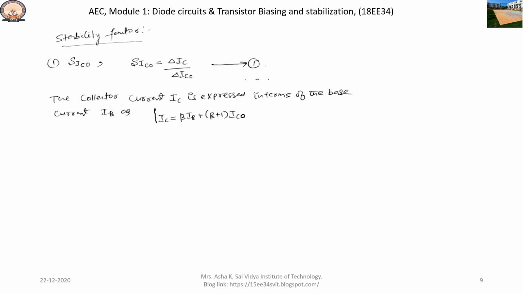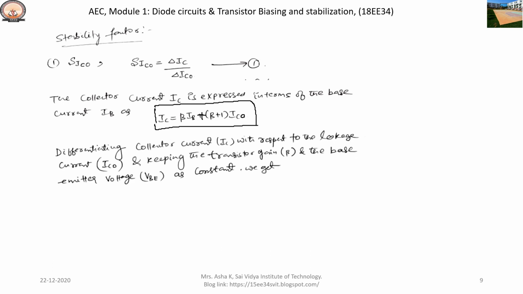That is, IC is equal to beta times IB plus beta plus 1 into ICO, where IC is the collector current, beta is the current gain, IB is the base current, and ICO is the leakage current. Differentiating the collector current with respect to the leakage current, keeping the transistor gain and the base emitter voltage constant, we are going to get the SICO stability factor.